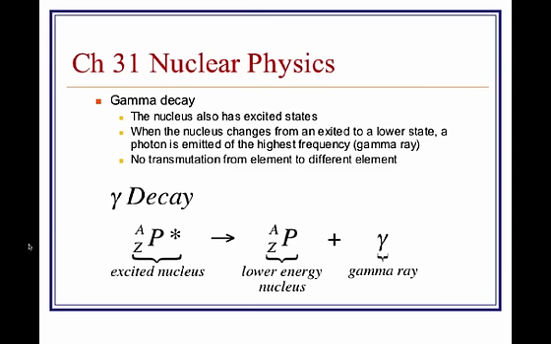This is a gamma ray, very dangerous to humans, but there's no change within the element itself. The element remains the same. There's no change in the number of protons or neutrons, it's just changing from one state to another.